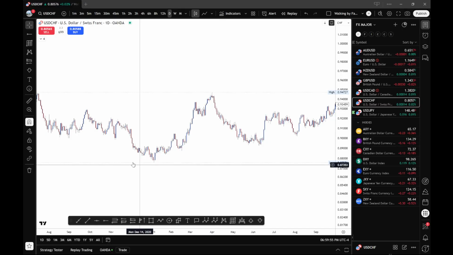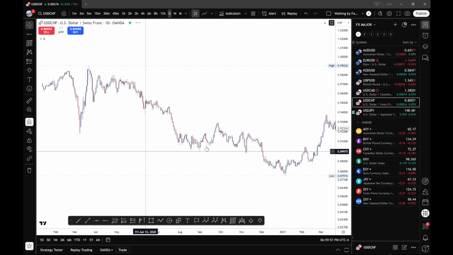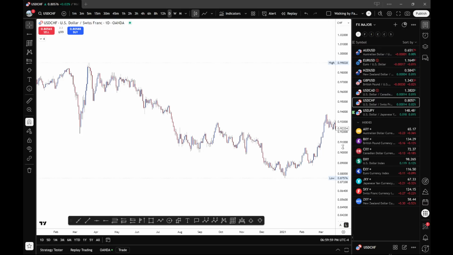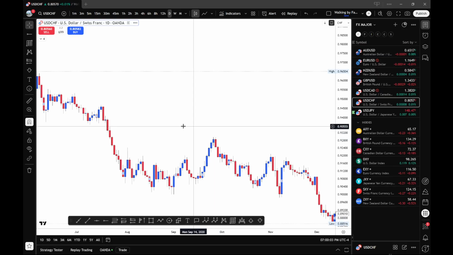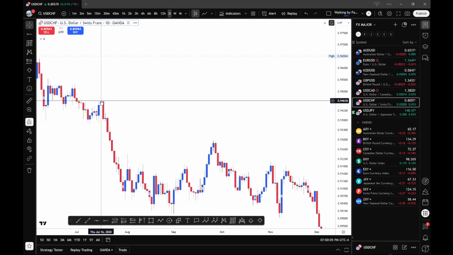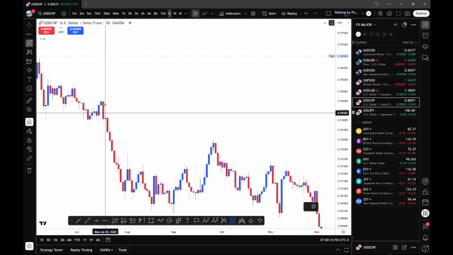Okay, let's do one more. Oh, look at this one. I saw that one. And see, when you start training your eyes, you start noticing them even when they're tiny. So we have a beautiful drop, base, drop. Textbook right here. Drop, base, drop. And the base is a blue. That's textbook right there. So I mark up the base.